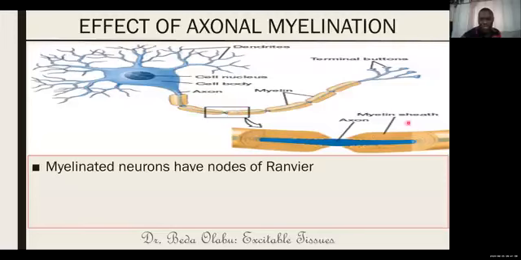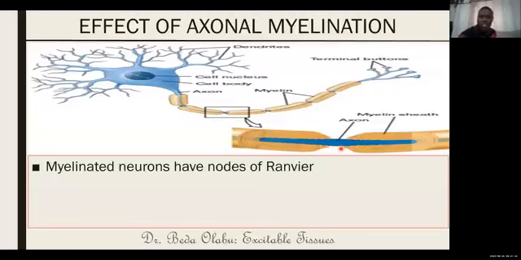Magnified will have this as a node of Ranvier, this region here. So this is myelin sheath covering an axon. This is another myelin sheath covering an axon. But this region where we have node of Ranvier, there is no myelin sheath there. That's the point.